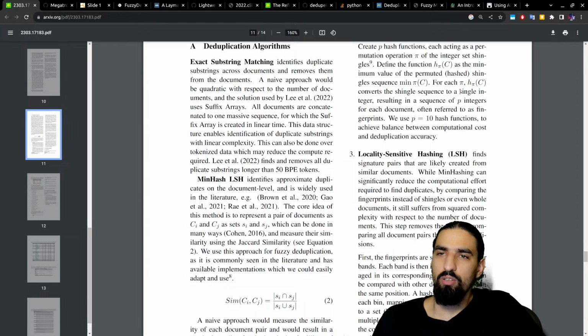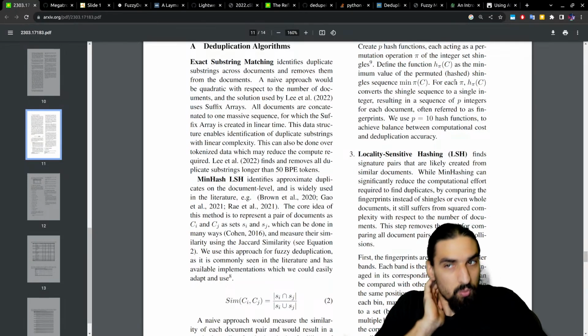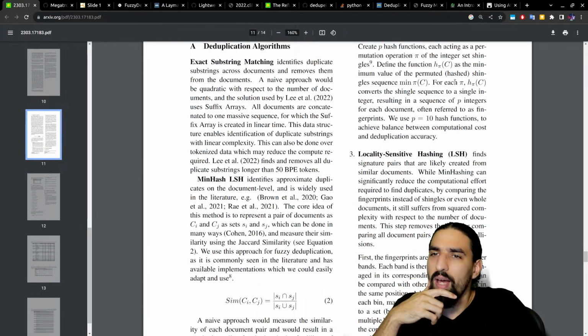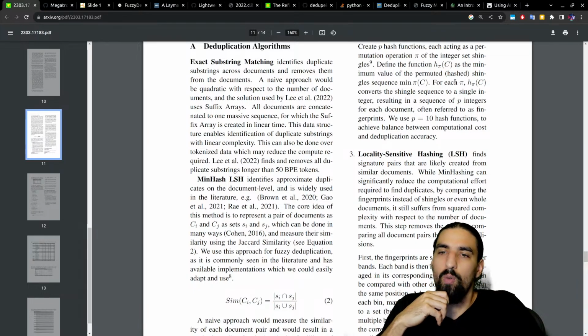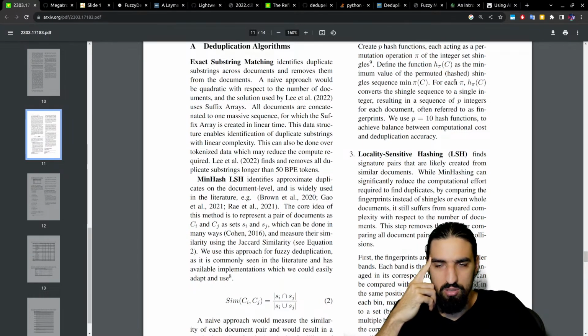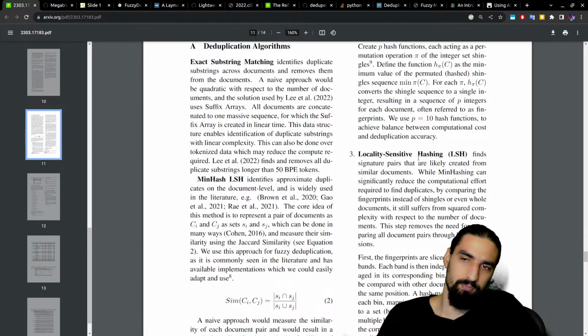Define the function h sub pi of c as the minimum value of the permuted hash shingles sequence for each pi, which converts the shingle sequence to a single integer, resulting in a sequence of p integers for each document, often referred to as fingerprints. We use p equals 10 hash functions to achieve balance between computational cost and the deduplication accuracy.